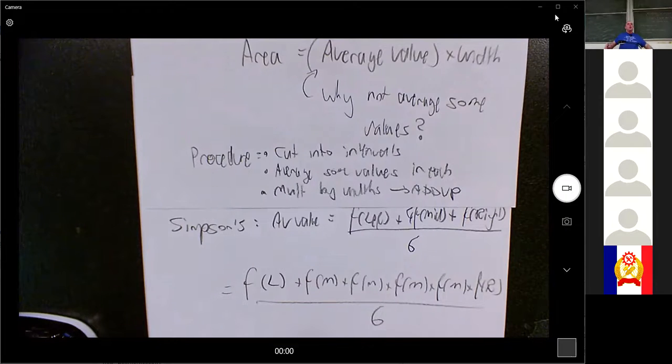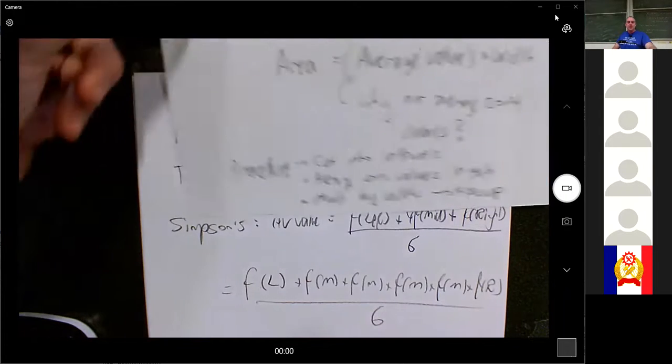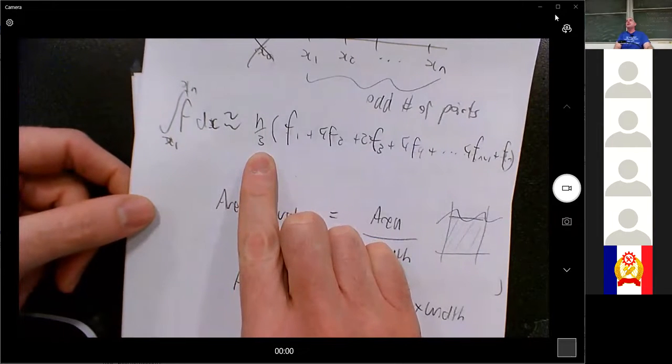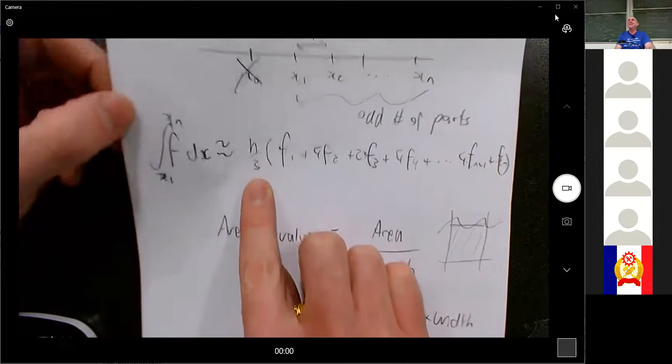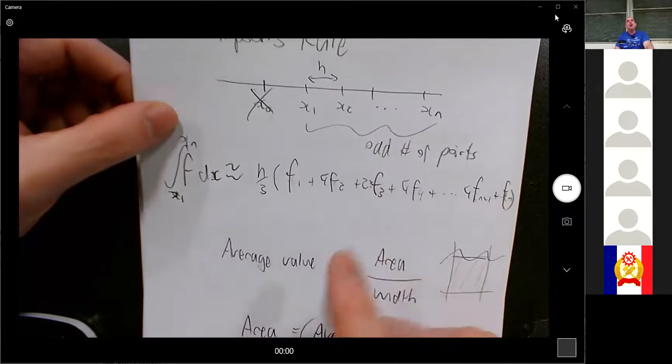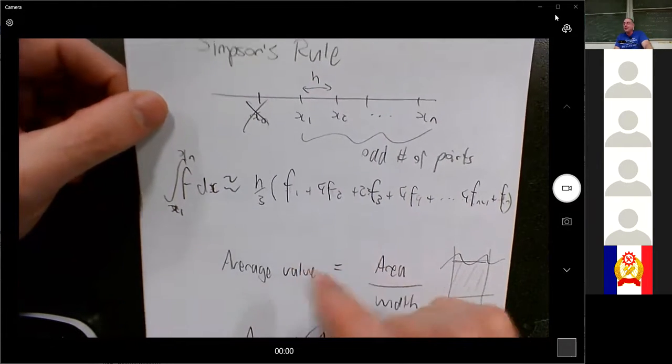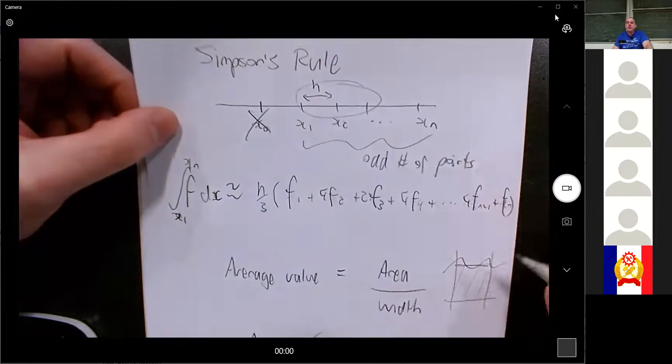Okay. Now you're thinking, of course you are, you're thinking, but why is this a 3, David? And that's because you need to use 3 function values to do it. And so your interval is actually 2h wide.